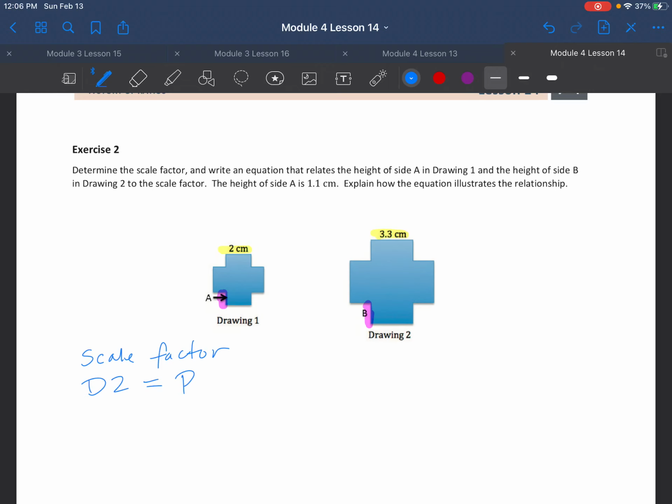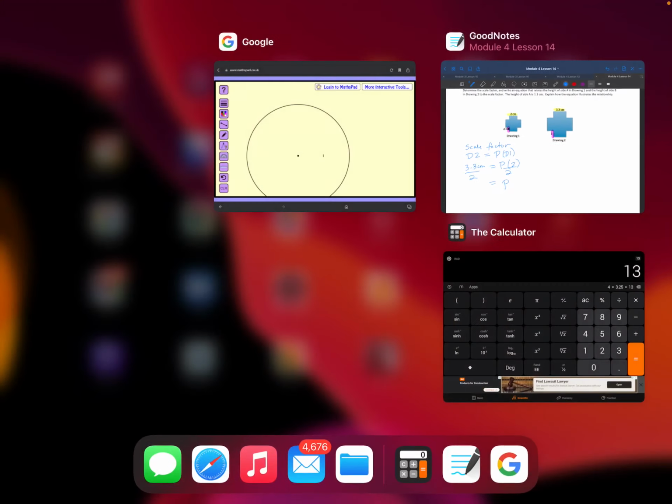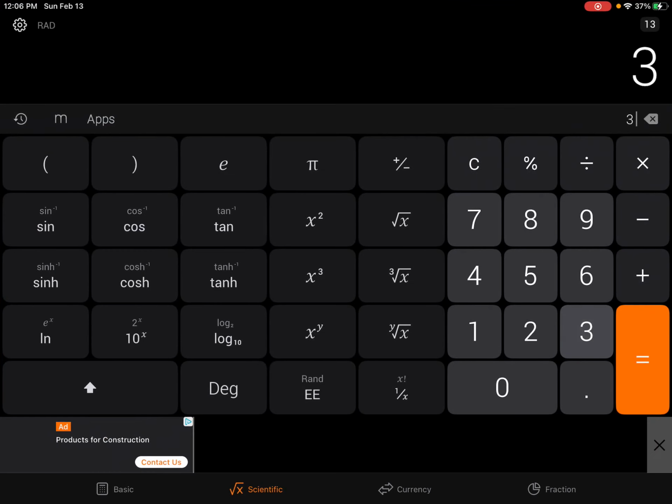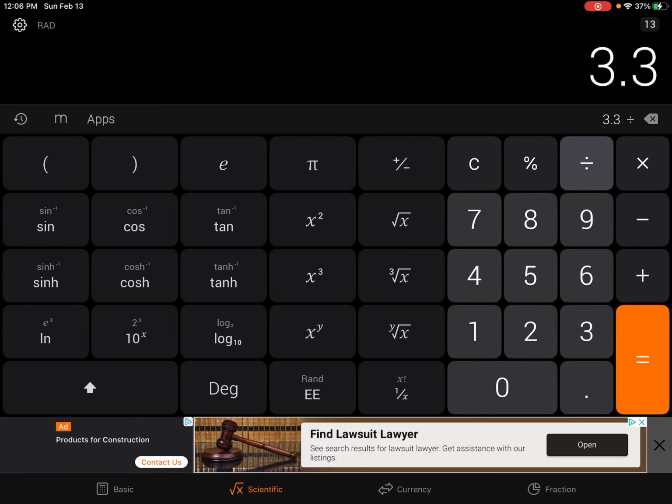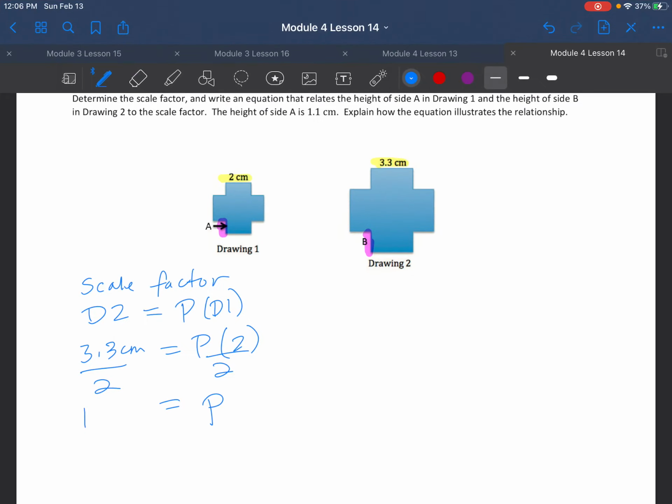So to figure out the scale factor, we are going to take drawing 2. I'm just going to write it so you can see what we're doing here. Multiplied by the percent of drawing 1. So drawing 2 is 3.3 centimeters, equal to the percent, and then we're going to multiply that by 2.